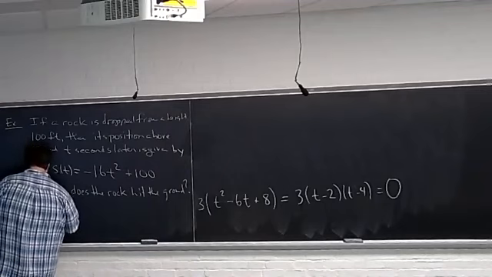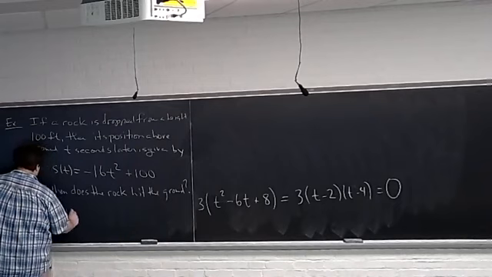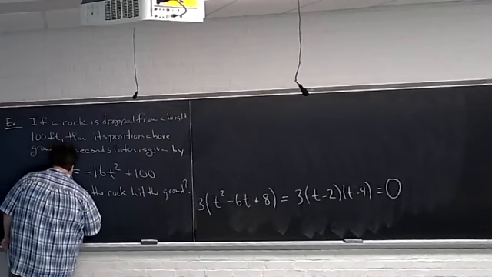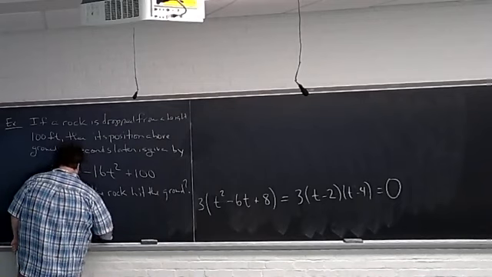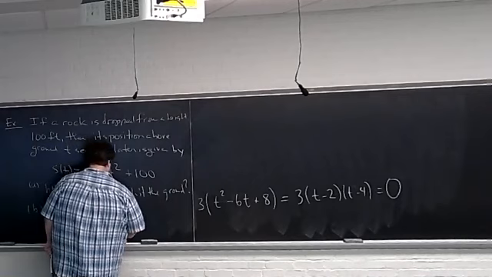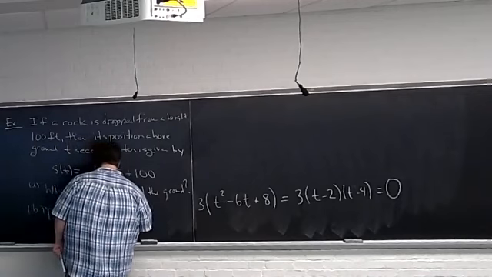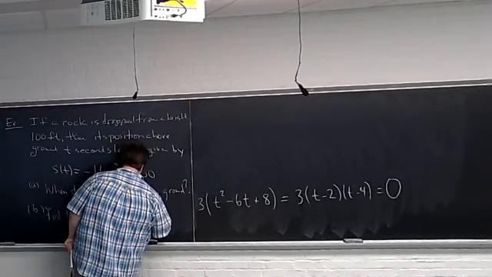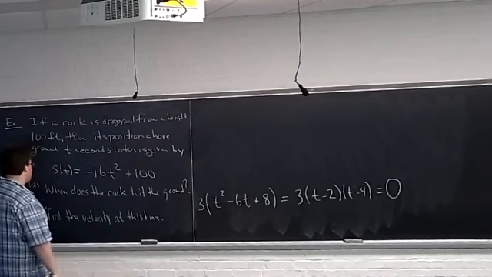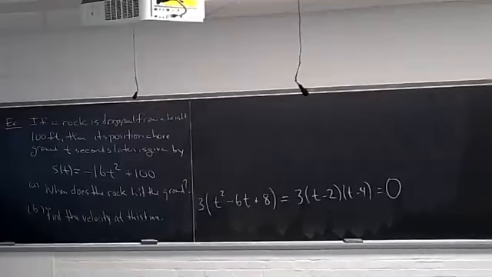Part B: find the velocity at this time. At this time, meaning the time found in part A. Now find the velocity at this time.